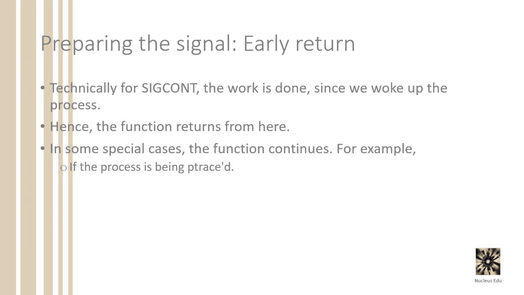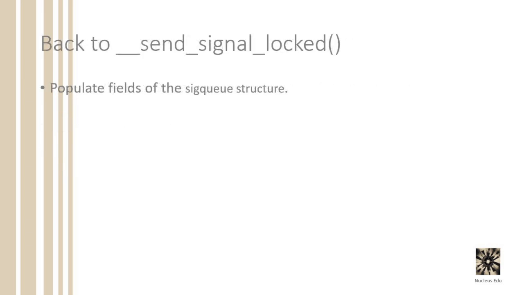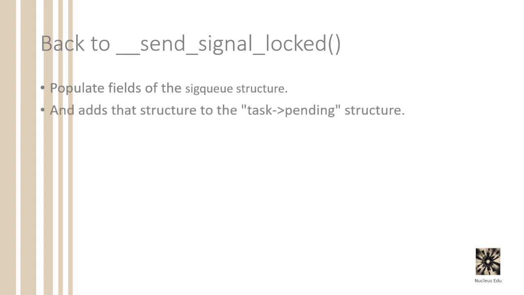Right, so we are done with prepare signal. Next, the function basically populates the fields of the sigqueue structure that we just allocated, and adds that structure to the task's pending structure that I just mentioned.